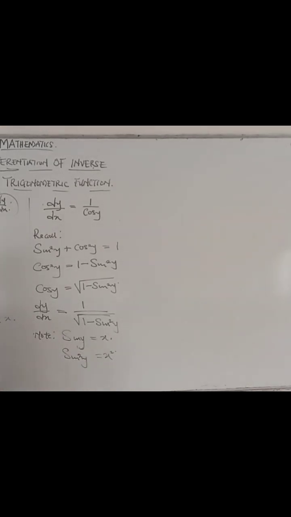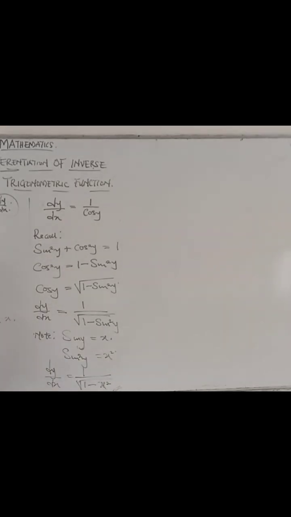So dy/ds will be equal to 1 over the square root of 1 minus s squared. That is your final answer.